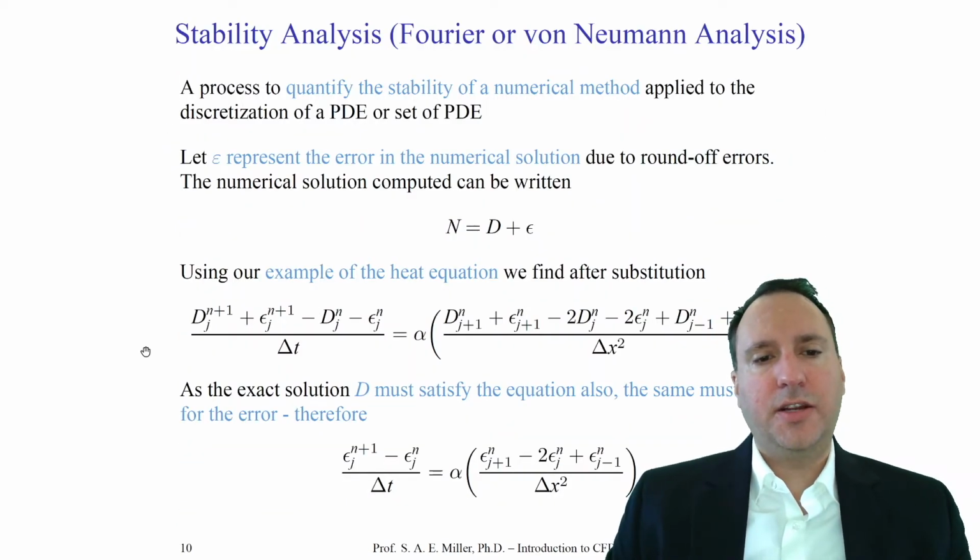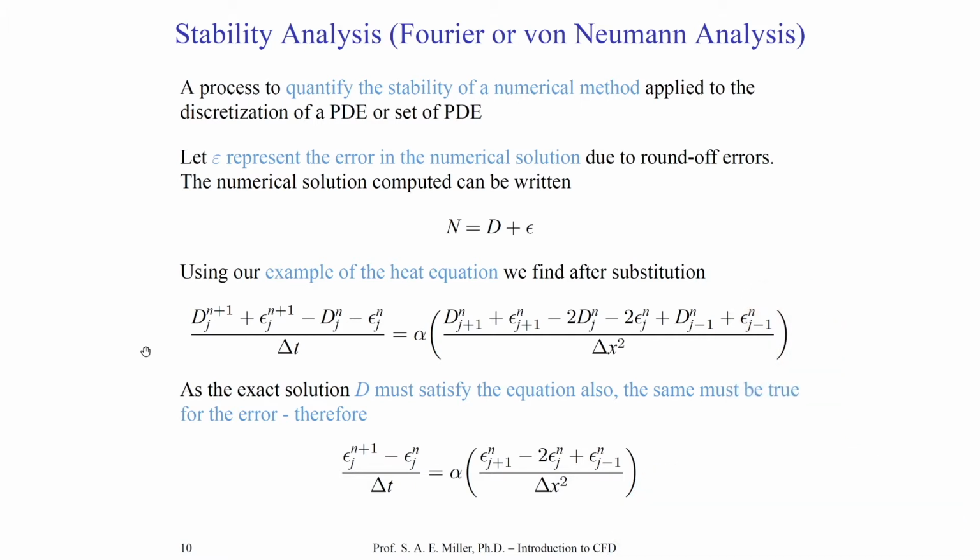Now, let us continue. You'll see that the exact solution d will satisfy the equation also. Why? Because, of course, if we let epsilon become small, then we will have an epsilon-free solution. Because the equation is linear, if we eliminate epsilon, d will satisfy the equation. Conversely, if we let d go to 0, epsilon will satisfy the equation.